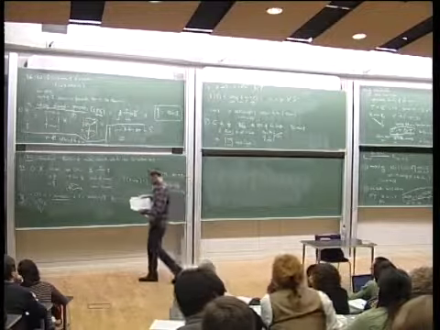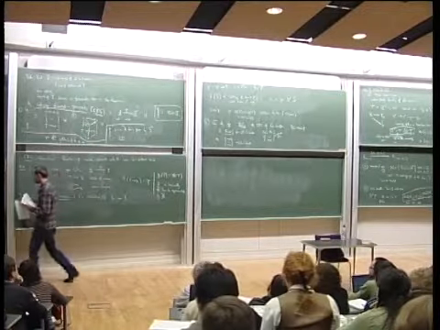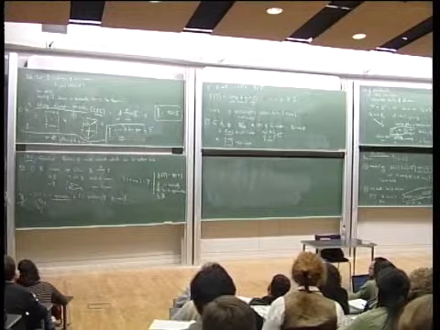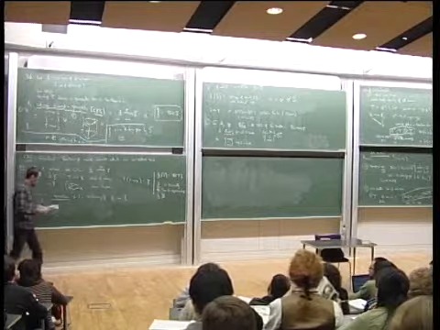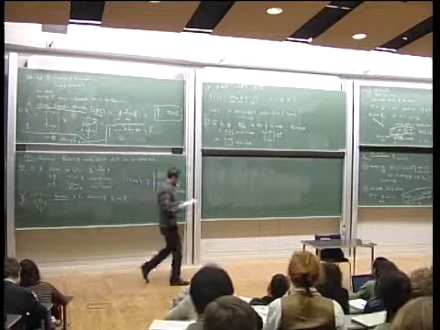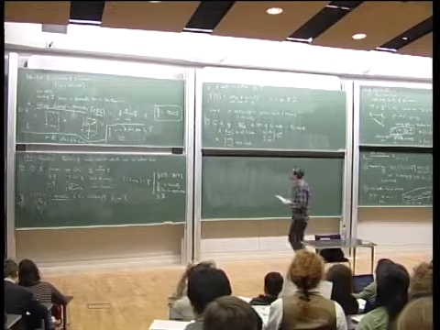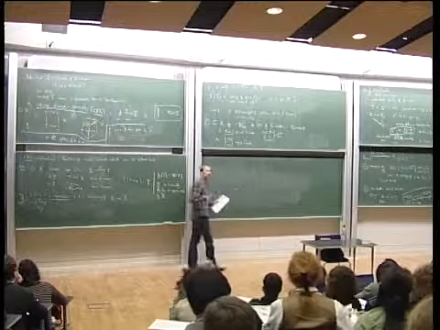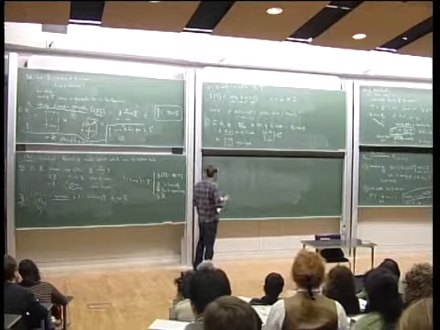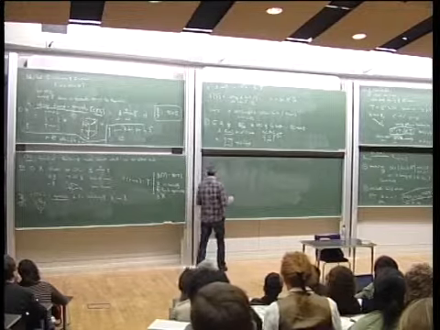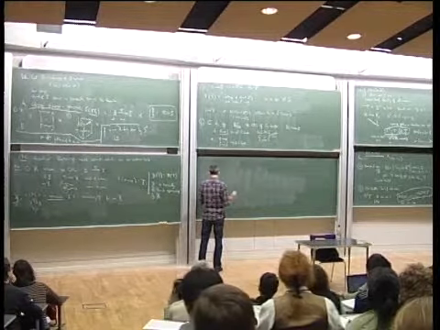Let me try to wrap up. I just want to make a point here towards the end. I'll explain this in more detail tomorrow, just so you can see where this is going to go.